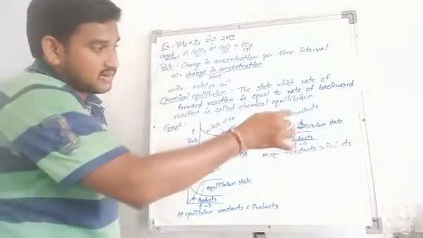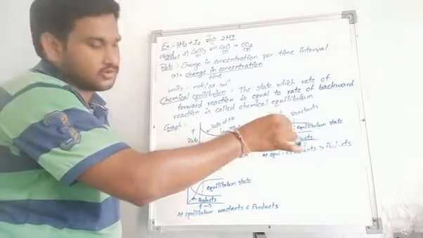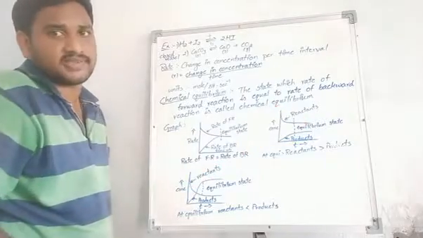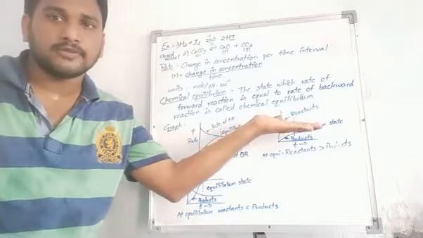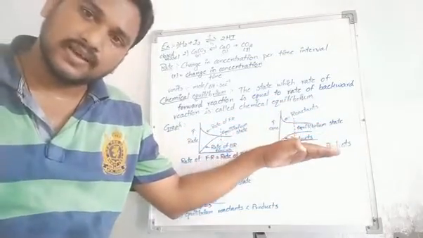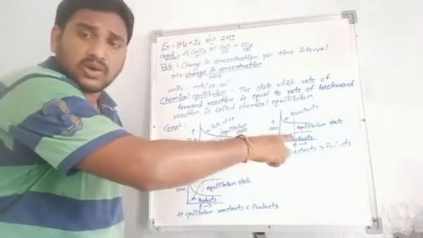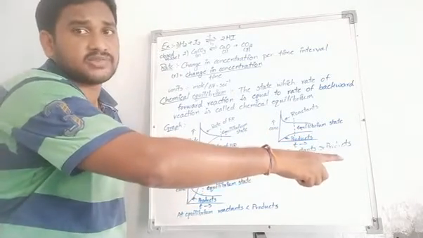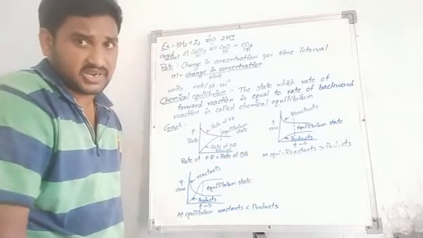The reactant does not mix with the product concentration. The reactant concentration is present only above the plane, and the product concentration curve is only below the plane; they do not mix. So in this graph, the concentration of reactant is greater than the concentration of product, and this graph is observed at the time of equilibrium state.